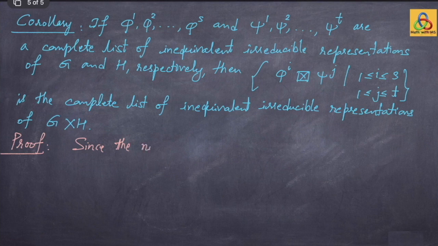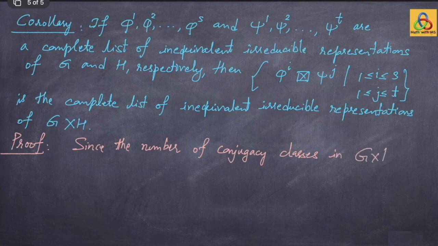So the important thing to note here is that the number of conjugacy classes in a product of two groups is same as the number of conjugacy classes in one group times the number of conjugacy classes in the other group.